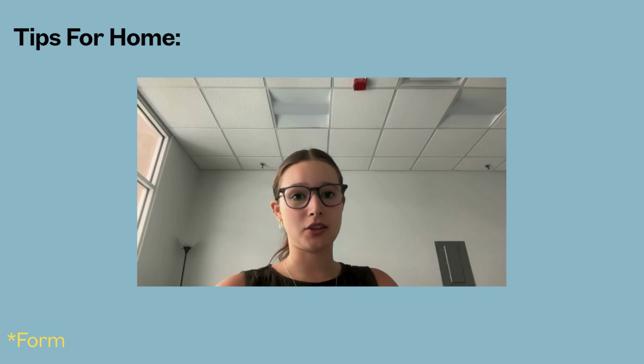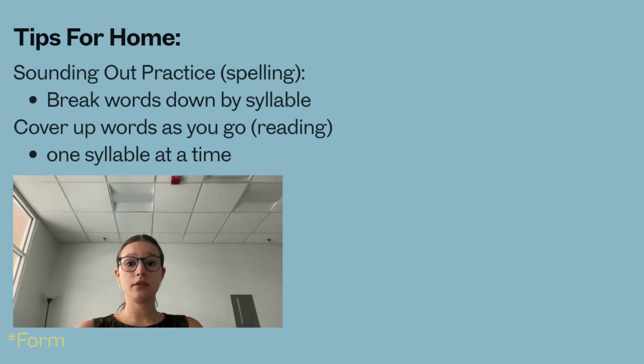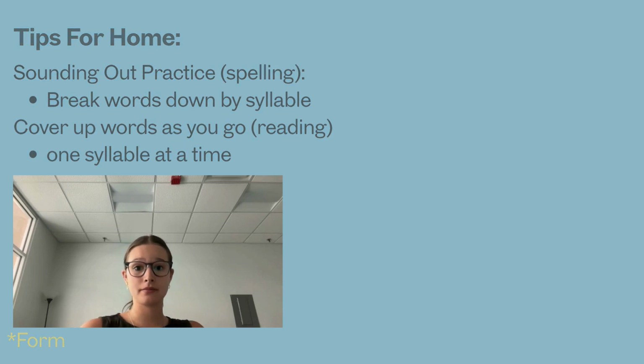Now, if you want to get some extra practice with phonology skills at home, here are some ideas you can try. If you are reading with your child and they come across a word that they don't know or one that is difficult, have them sound it out. If it's a multisyllabic word, for example, dentist, you can cover the syllables with your finger and go part by part, sounding out each piece as you go.